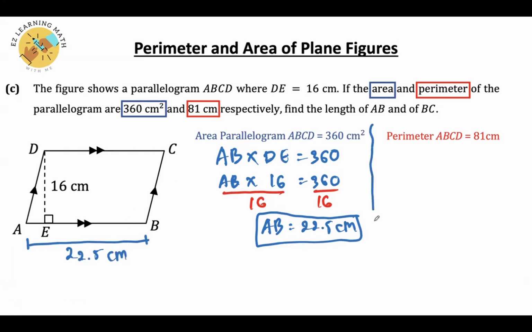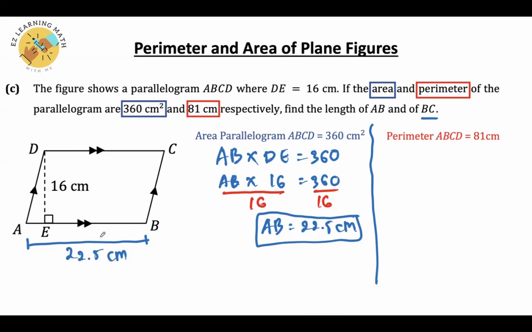Okay. Now let's find BC. Given the perimeter ABCD equals to 81 centimeters. You remember? The perimeter is the total distance around the outside of the shape. Let's complete the figure first.